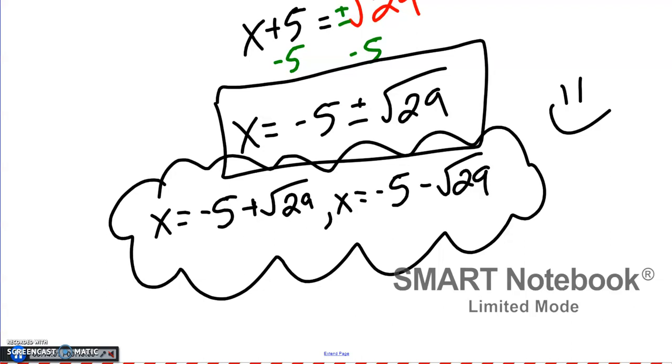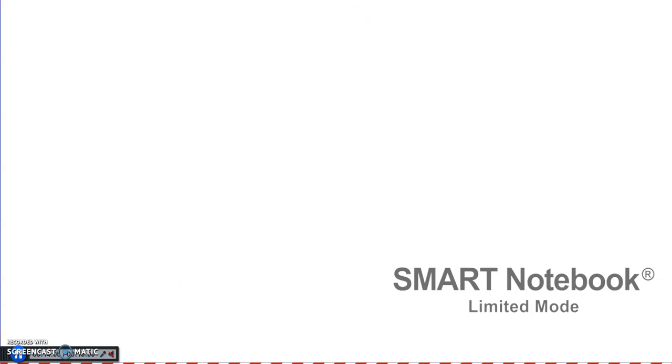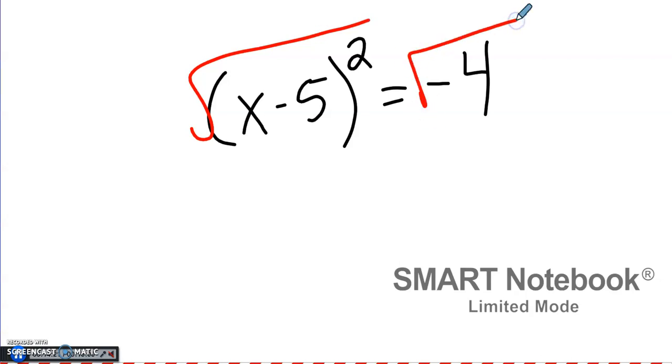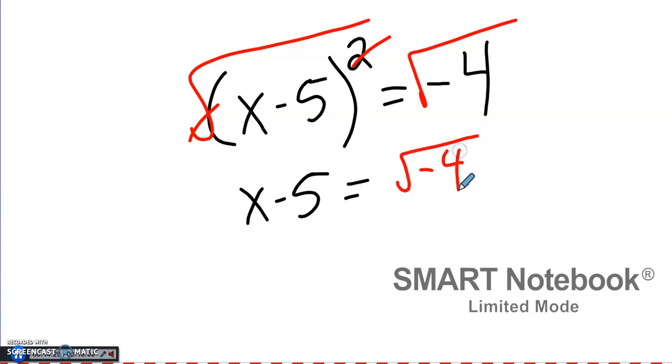You might get an instance where you will have something that looks like this, maybe. I don't know. You'll get the quantity of x minus 5, I don't know, squared is equal to negative 4. Remember, when we take the square root of both sides, these cancel out. That's great. We get x minus 5 is equal to the square root of negative 4.